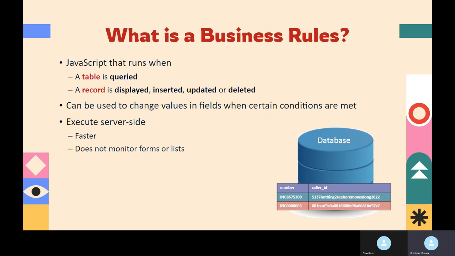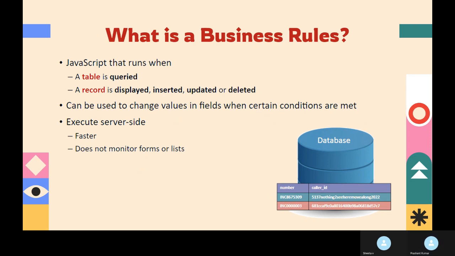So what is a business rule? Generally it is a type of JavaScript which runs on the server side, and it is executed when a table is queried or a record is displayed, inserted, updated, or deleted.